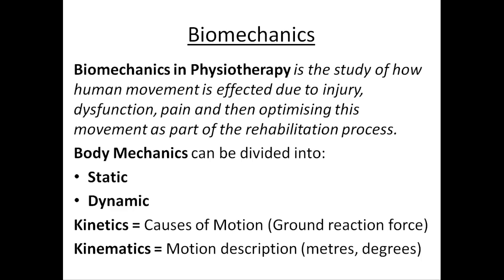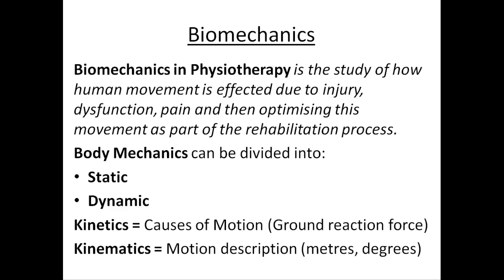So biomechanics. It's the study of how human movement is going to be affected due to injury, could be dysfunction, could be muscle, could be joint, could be nerve, could be pain, could be congenital abnormalities. The list goes on, and we're trying to optimize this movement.